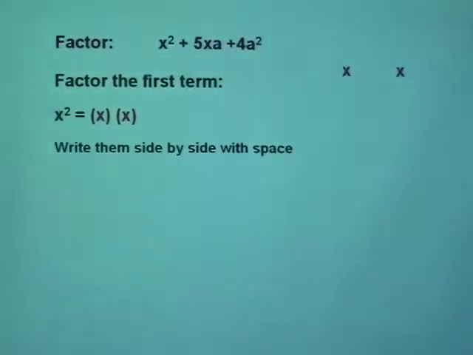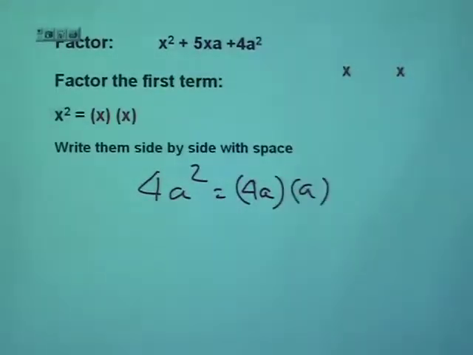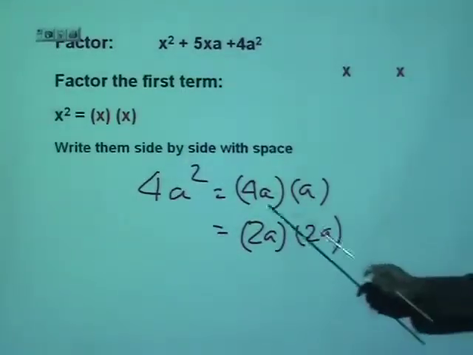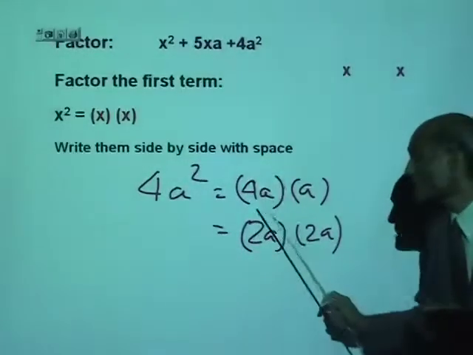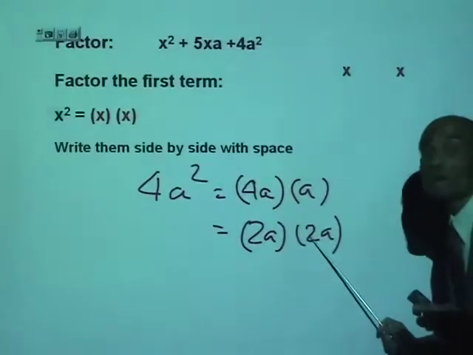You see, 4a squared can be factored as 4a times a is one way. I can also factor it as 2a times 2a. Is that right? Yes. I can factor 4a squared as 2a times 2a.